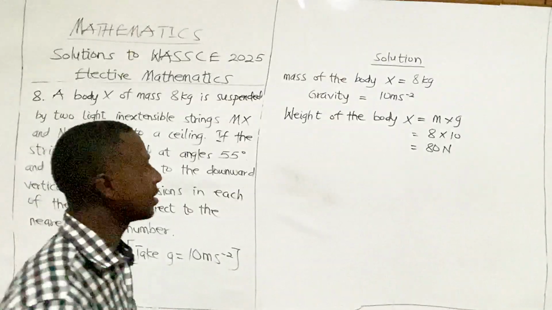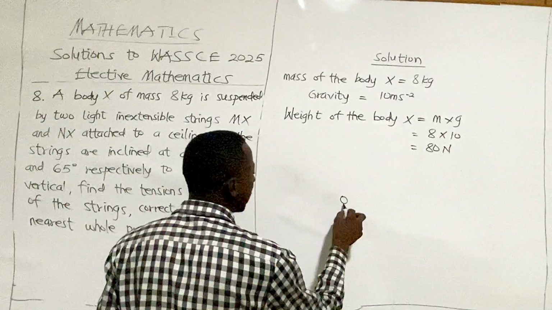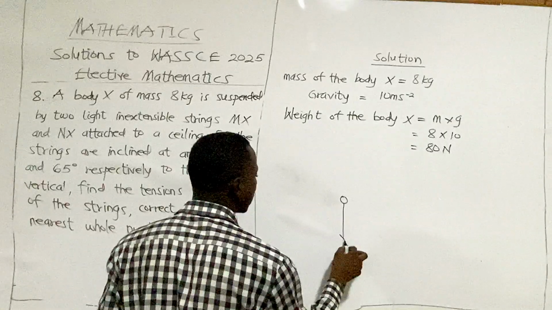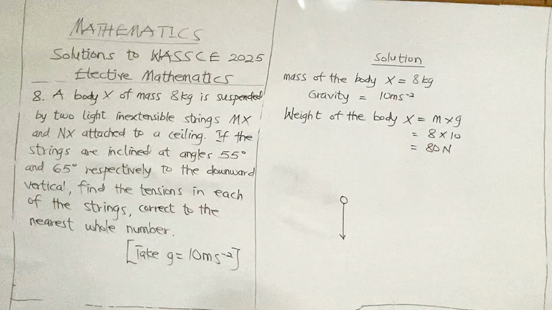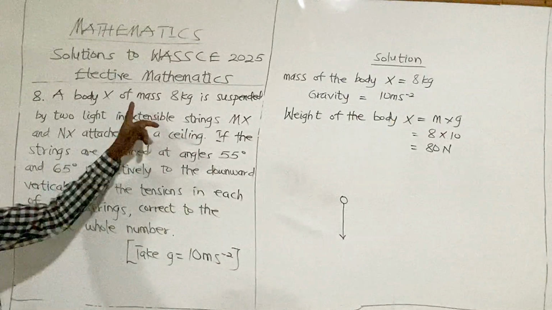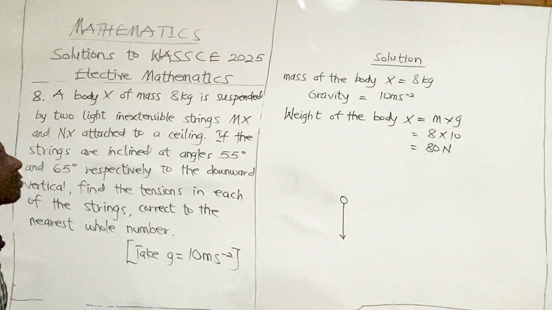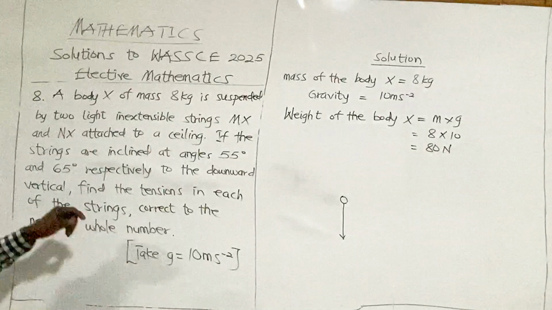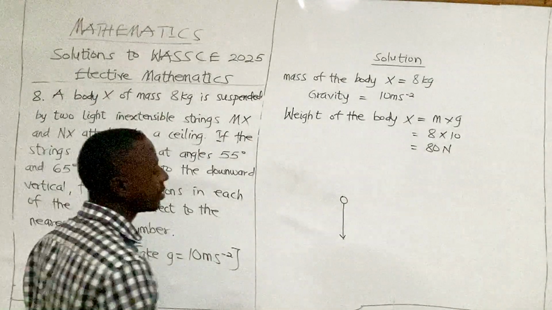Now let's assume that this is the body and the weight is exerted downward. The question said this body is suspended by two light inextensible strings.